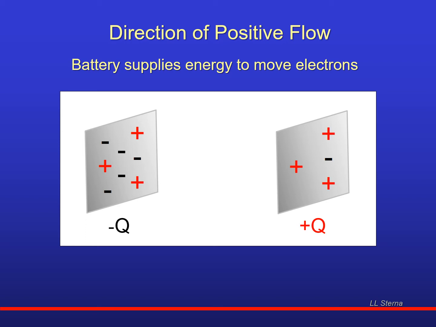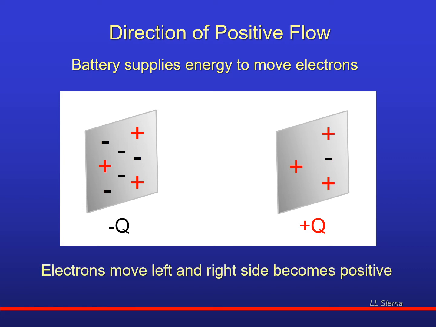The result is we know one becomes negatively charged, one becomes positively charged. So we pretend that positive charge must have gone from the left to the right, when in reality it was negative going from right to left. Electrons move left, the right side becomes positive.